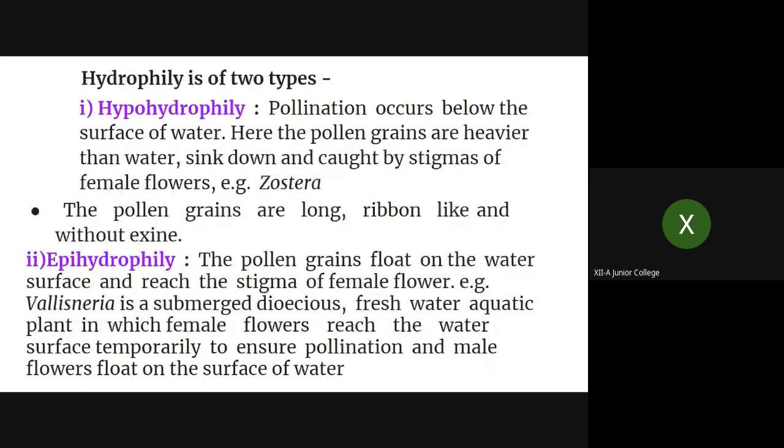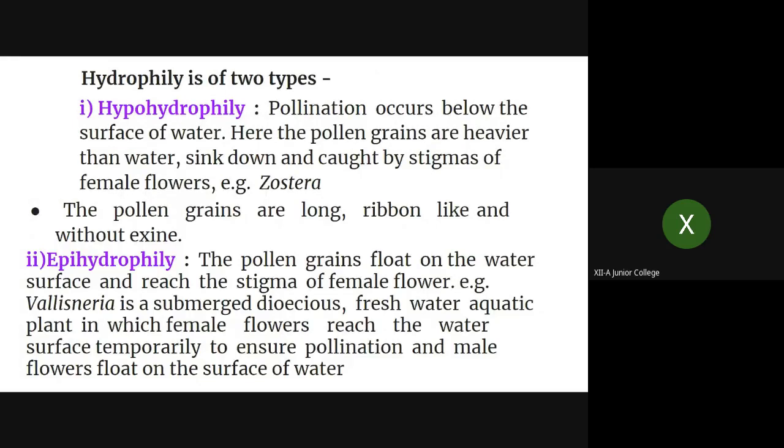Now we'll see how it takes place. In which case does it take place? For example, in the case of hypohydrophily, when the pollen grains are heavier than water, what happens? Any substance or object which is heavier than water sinks down, right? In the same way, the pollen grains are produced above the surface of the water, and when they fall on the water, as they are heavy, they sink down.